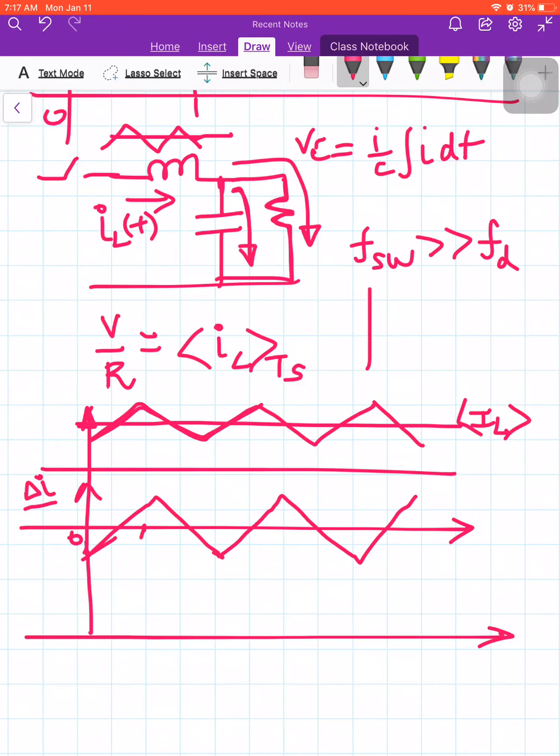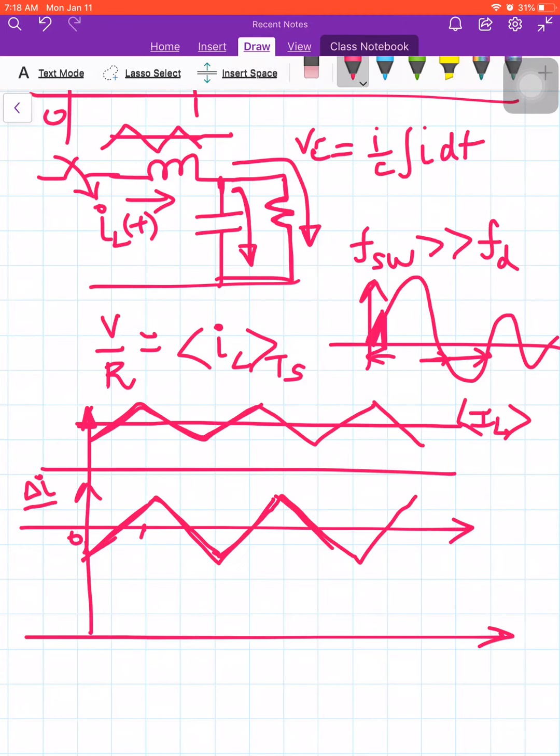Usually when we switch this circuit, what could the response be? It could be a damped sinusoidal waveform of a certain frequency, and our switching frequency is far greater than this damped oscillation. So we see a linear rise and linear fall of the current rather than some sinusoidal nature.